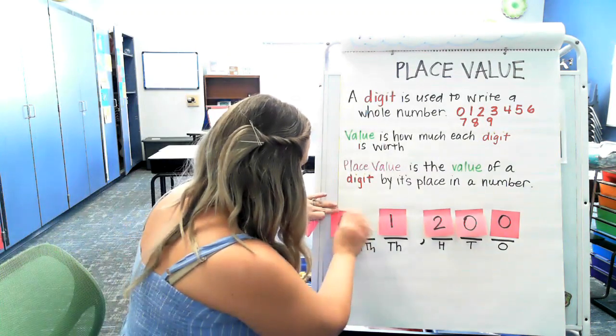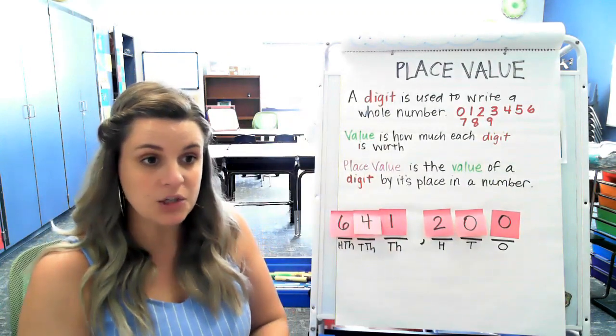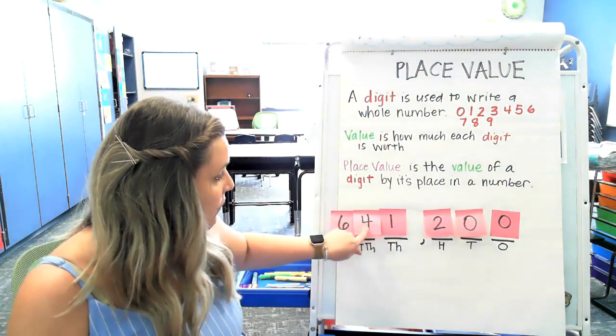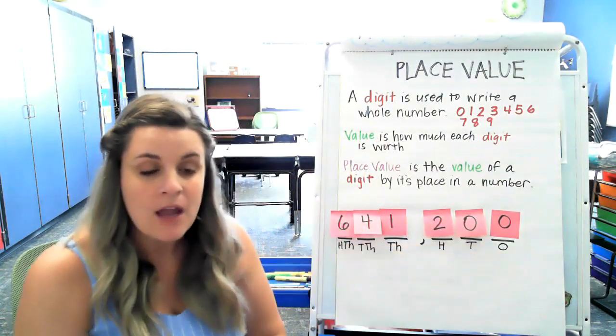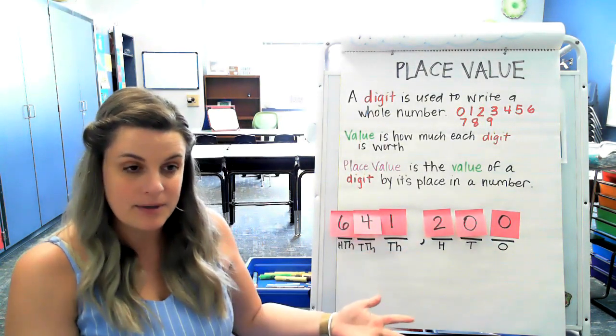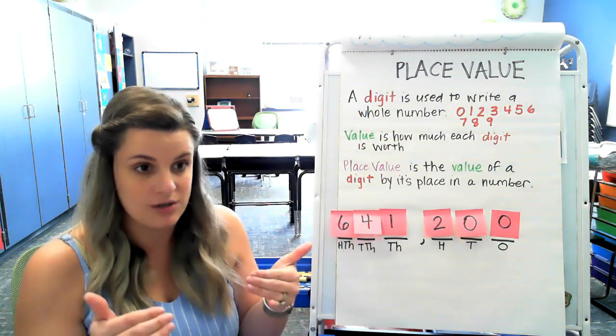We might have this number, and you would read this in word form as 641,200. So that's why it's so important for you to realize how big our numbers get so that you can be ready for that when we start making that jump to larger numbers.